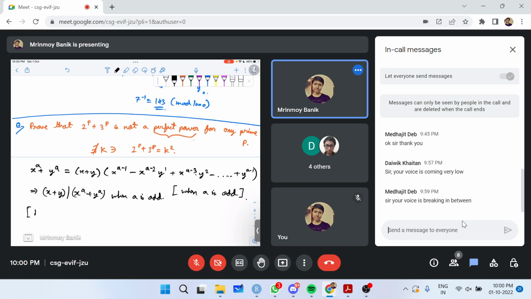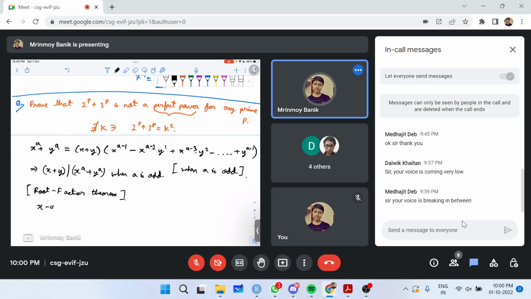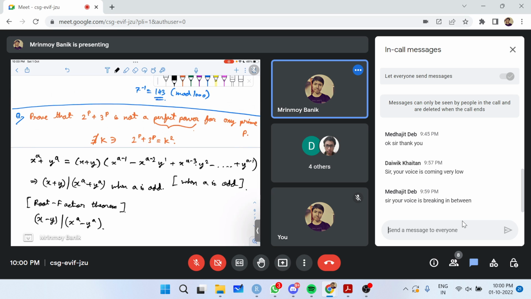This is called the factor theorem. It also has a minus version that holds for all a, not just for odd a. You can use that to solve this problem.